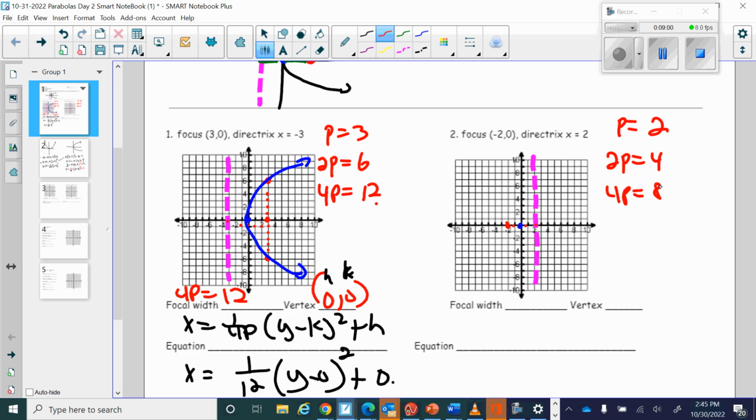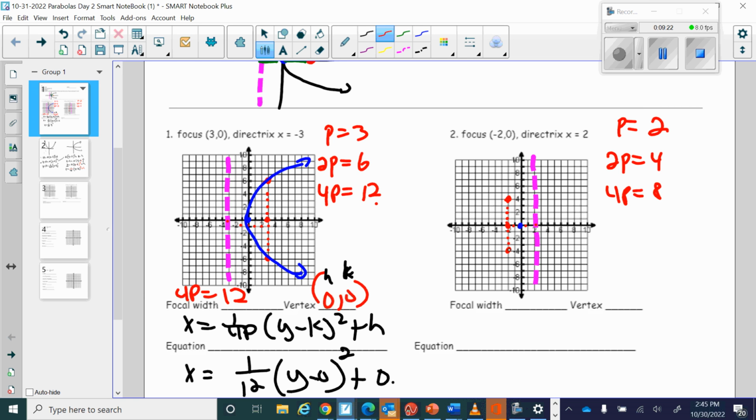So let's see where 2p is going to be now. 4 units, from my focus, which is right here: 1, 2, 3, 4. So that's where the graph's going to go through. And 1, 2, 3, 4. That's what that's going to go to.